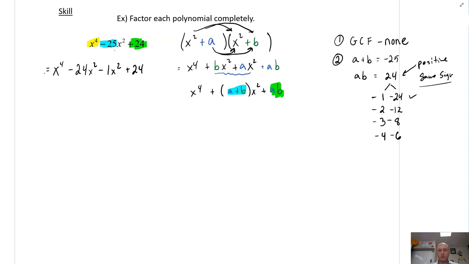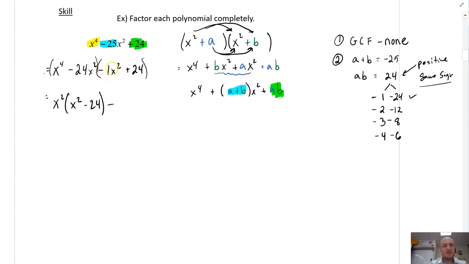Okay, well, now I have 4 terms, and what I'm going to do is factor by grouping. I'm going to group my first 2 terms, and I'm going to say, okay, what are any common factors there? And I have an x squared, leaving behind x squared minus 24. Okay, and then over here, do I have any common factors? And that would be a negative 1.